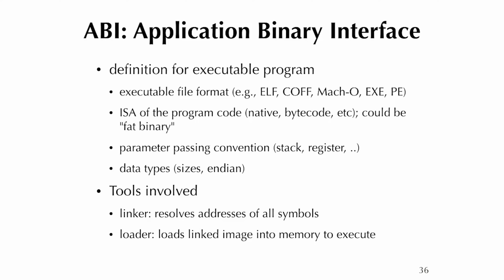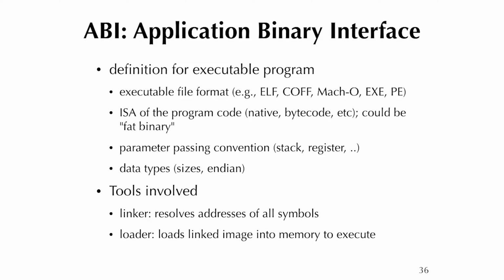And having a symbol table could be part of these file formats too, just in case your program crashes, so it can know which function it crashed in. But what's more implicit would be things like the stack convention and register convention, because certain registers may be used for certain purposes. And those would have to be part of what you might call a protocol or convention that the executable and the OS both have to agree on.